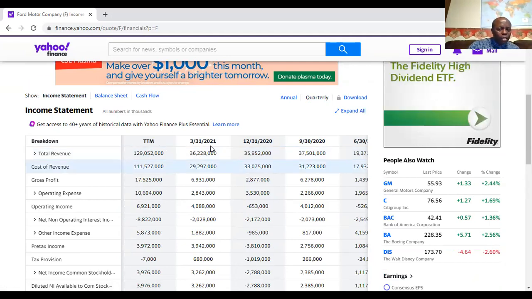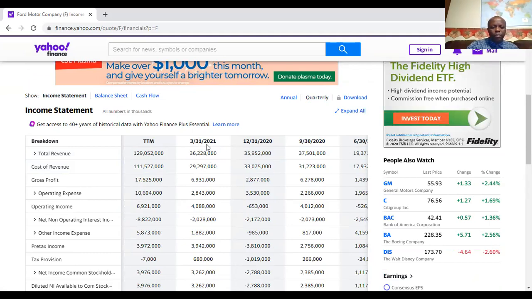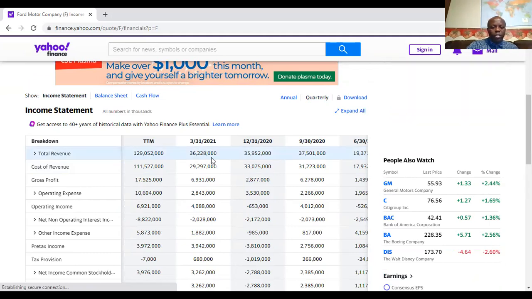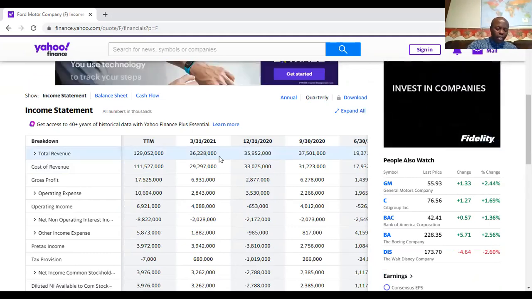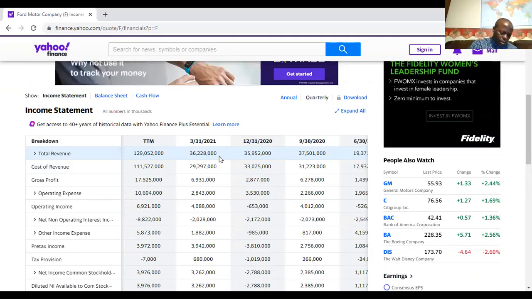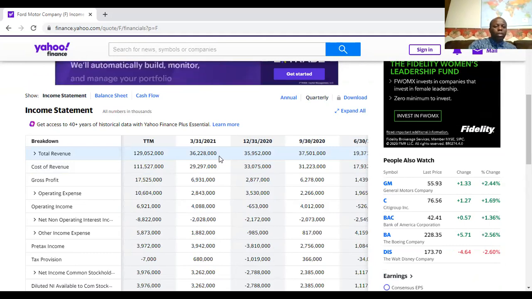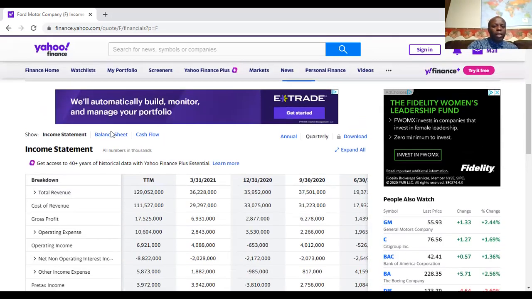Total revenue for sales, as of 31st of March. So I'm going to remove the last 3 zeros again. It's 36,228. And of course, then the balance sheet, we get total assets.